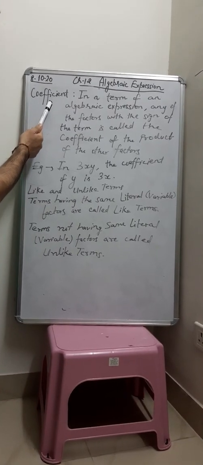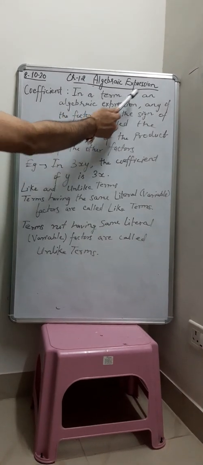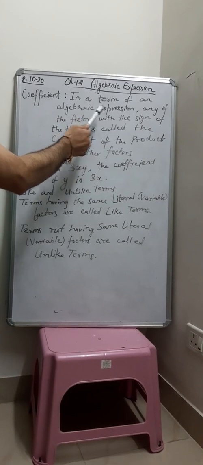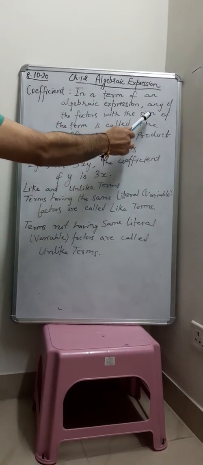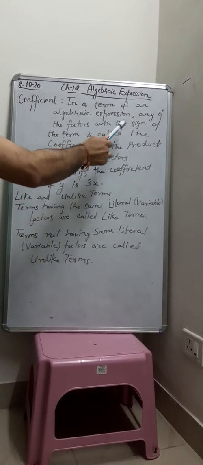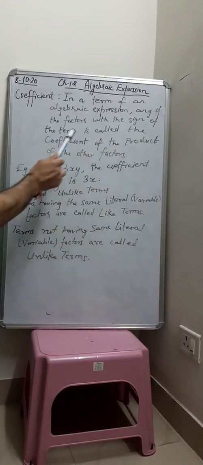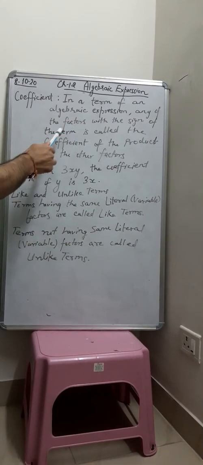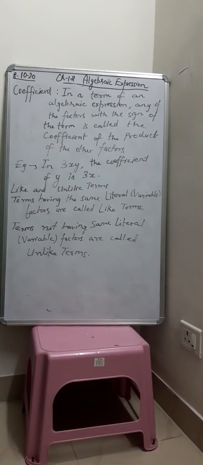The next heading is coefficient in a term of an algebraic expression. In a term of an algebraic expression, any of the factors is called the coefficient of the product of the other factors.